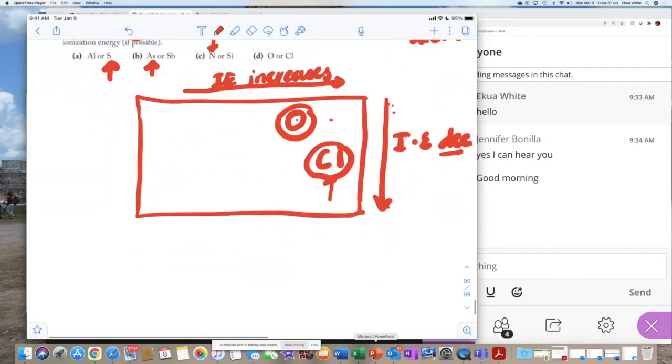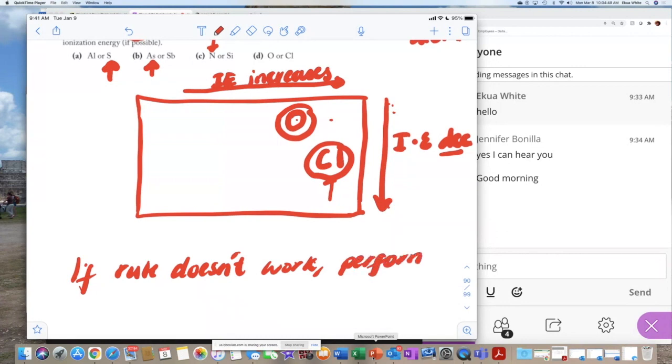So what do we do? If the rule doesn't work, perform experiment. This is the same thing we did when we were doing the electronic configuration using the periodic table, going from left to right, the sublevel. All these rules are not 100% perfect. There's a certain point where they begin to fall apart.